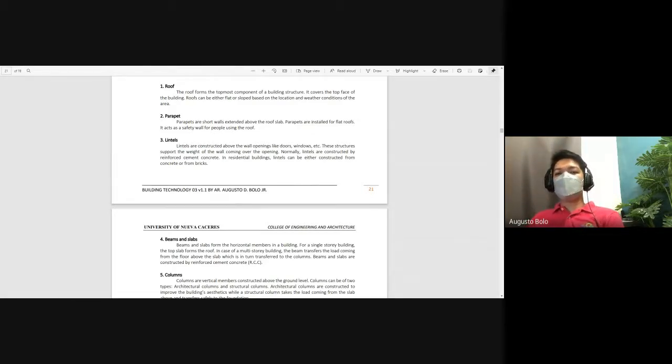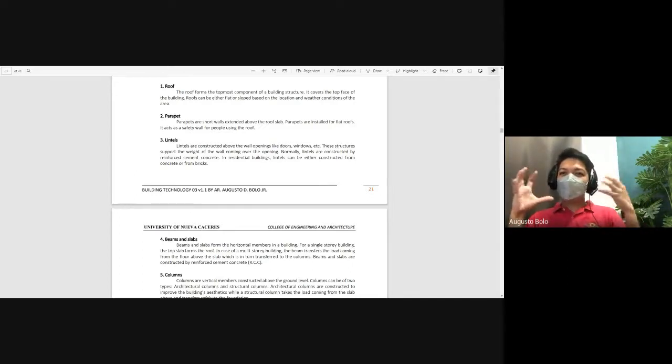For residential, ang main function of the parapet is to protect the roof. For example, your roofing is GI, long span GI. Well, on the Pinoy culture, we tend to use GI kasi mas mura.